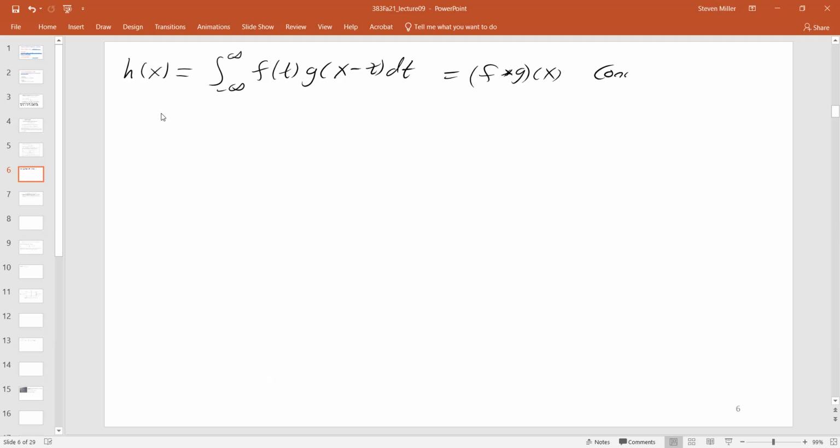This is the convolution. Now we define the Fourier transform of some function a to be the integral from minus infinity to infinity of a of x e to the negative 2 pi i xy dx. And this is the Fourier transform.